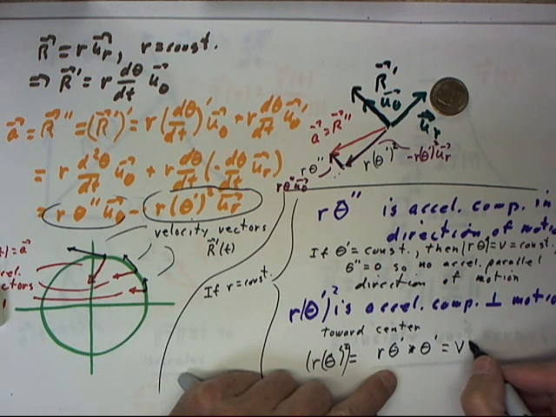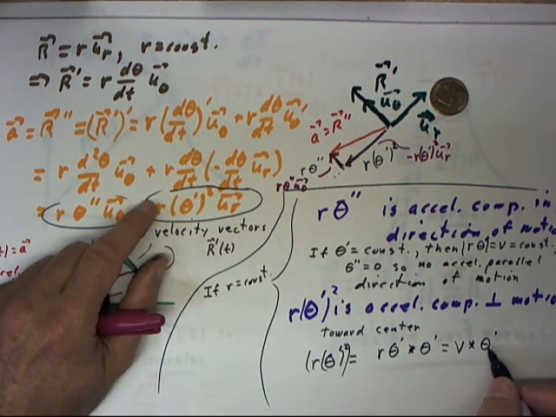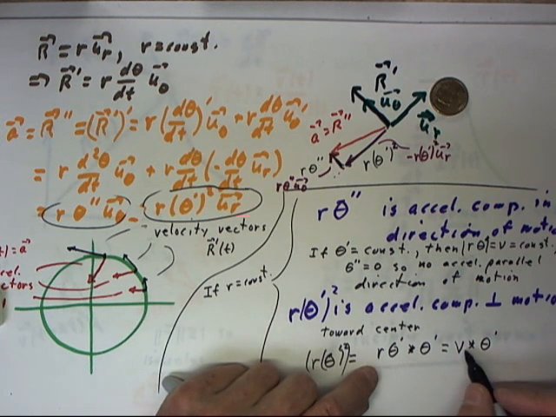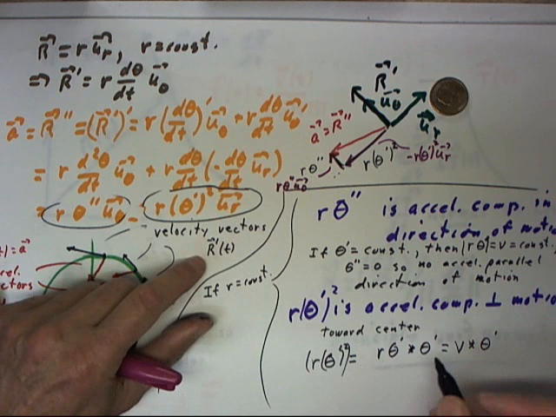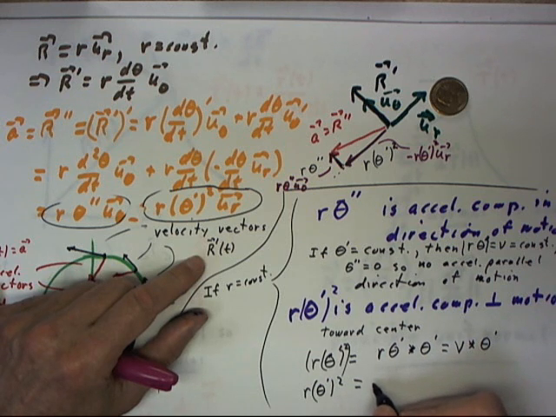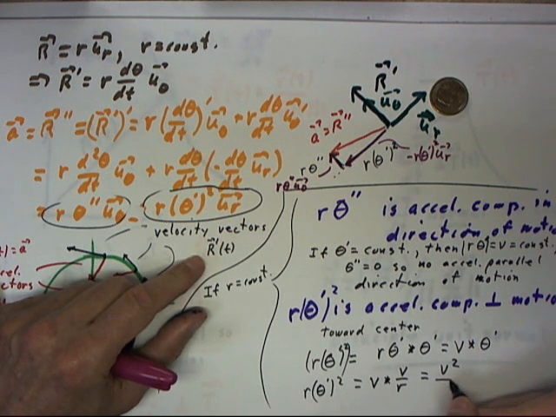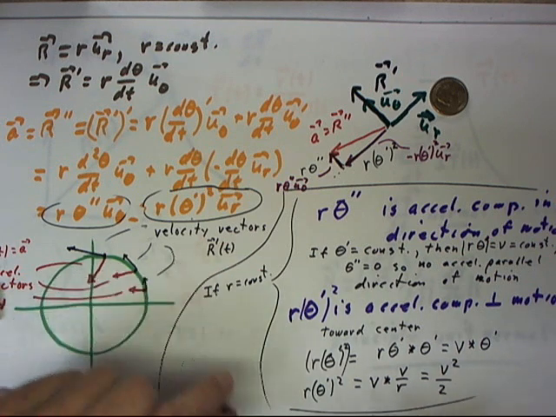And of course theta prime is still theta prime, but since r theta prime is the velocity, theta prime is the velocity over r, so that r theta prime squared equals velocity times v over r, and we get v squared over r.